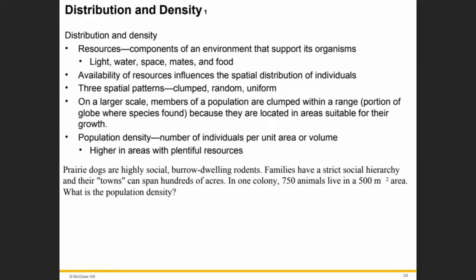If we take my calculator, 750 divided by 500 is going to give me 1.5 as a density. That's the density.